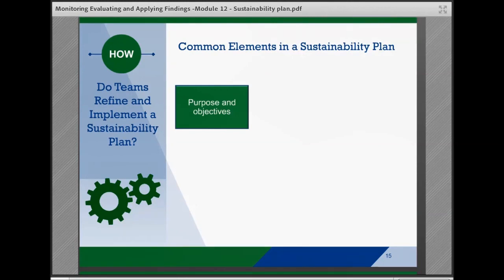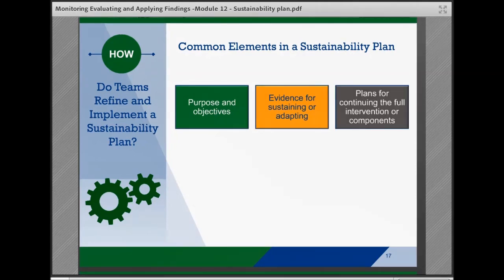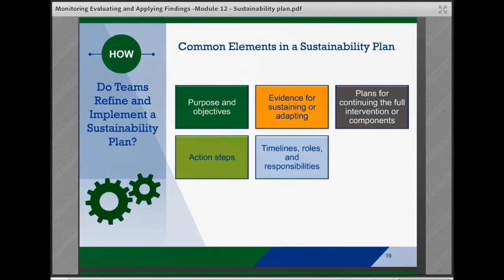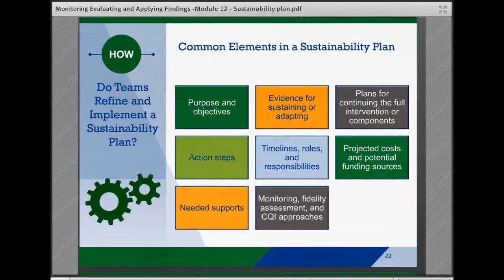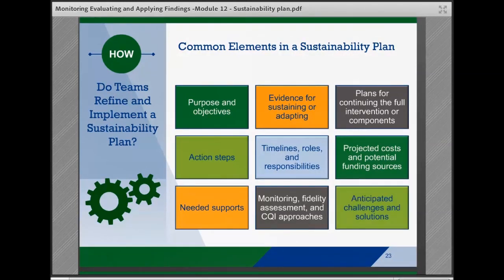The plan purpose and objectives, the team's evidence for the decision to sustain or adapt an intervention, the plan for continuing the full intervention or selected components, the action steps and sequencing that the team will take to move to sustainment, the timeline for the plan and roles and responsibilities of the team members, the projected costs and potential funding sources, any needed supports to sustain the intervention, the team's monitoring, fidelity assessment, and CQI approaches, as well as any anticipated challenges and potential solutions.